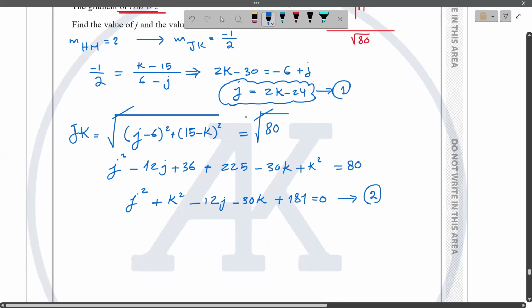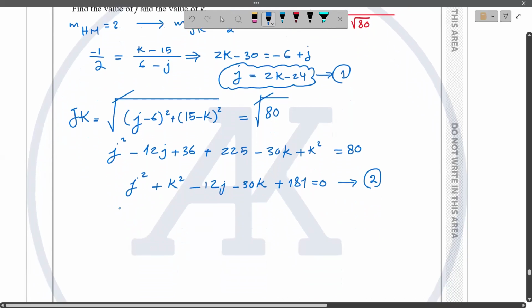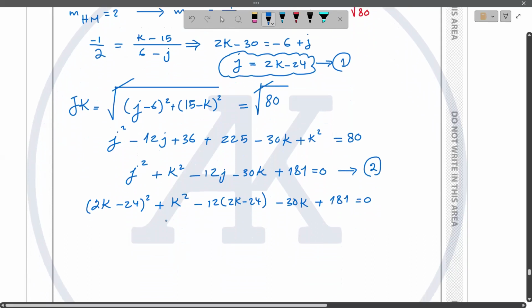Then, as we have two equations, one linear and one quadratic, we're going to substitute j in the second equation. So we'll have here (2k minus 24) squared plus k squared minus 12(2k minus 24) minus 30k plus 181 equals 0.